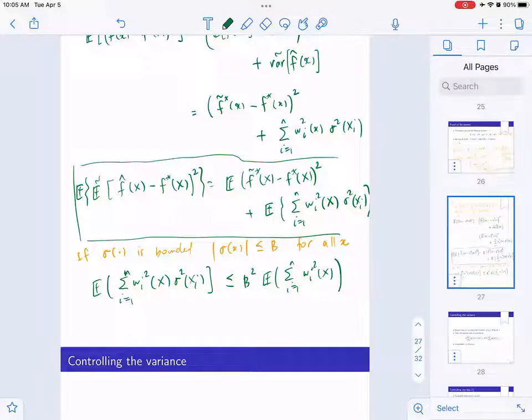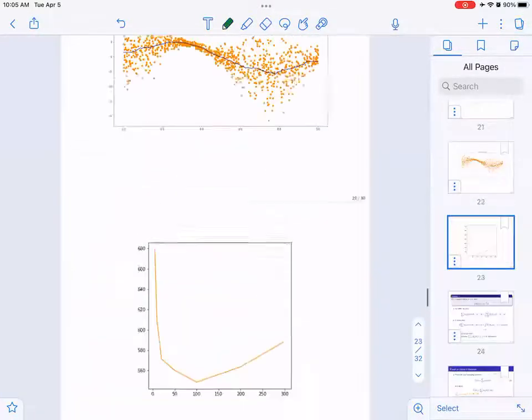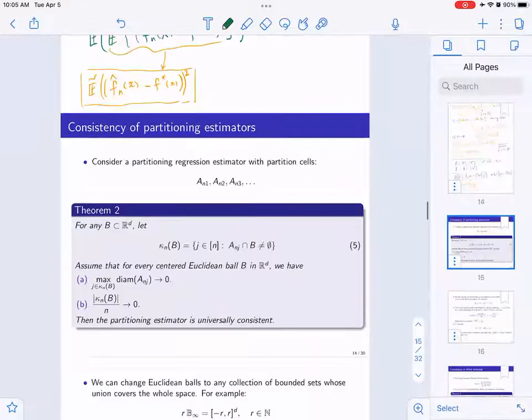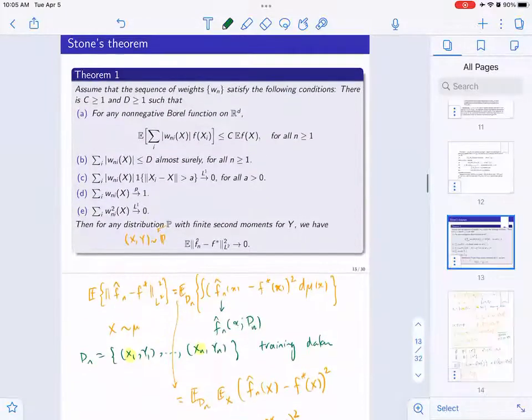So the expectation of the sum of these guys squared. And if you go back to the conditions, unfortunately, you have to. I should have done a better job, probably. So one of the conditions is this: the summation of the weights at the test point converges in L1. What I mean by L1 here, because they're non-negative, is just the expectation of the summation over i from 1 to n of w_ni squared of x goes to 0.